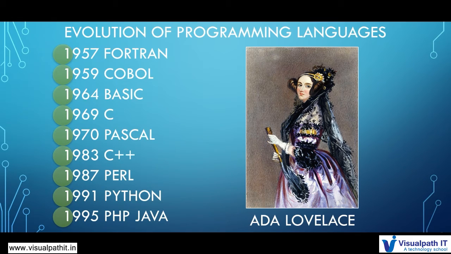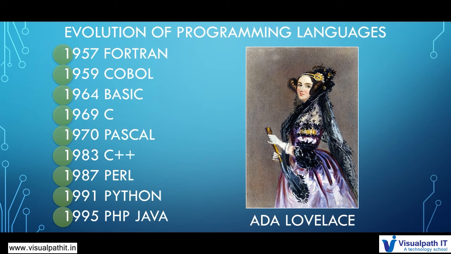In the year 1957, Fortran was coined. Fortran, short for Formula Translator, is the oldest language which is still in use. It was created by John Backus and it is still used in aerospace, automotive industries, and research institutions.